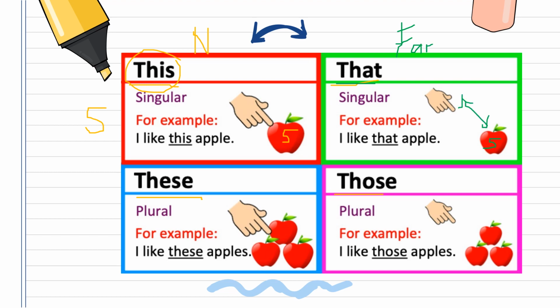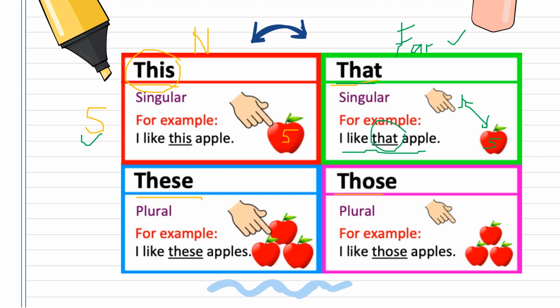Ni ada jarak. Far from the speaker. So the most used is, I like that apple. So singular, far is that.